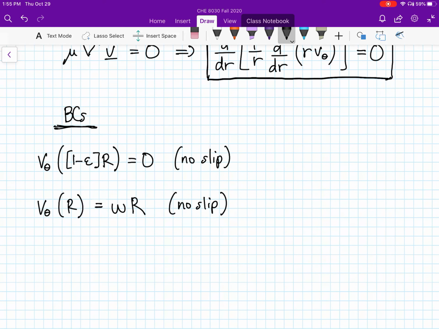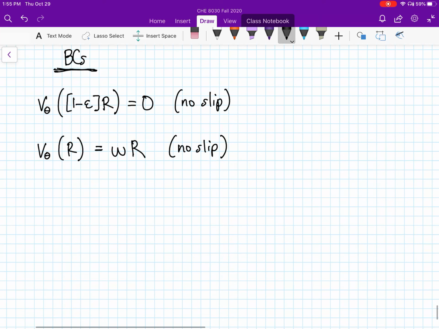Integrate that equation twice, apply the boundary conditions, and we will end up with the following velocity profile for the theta component of the velocity as a function of r.